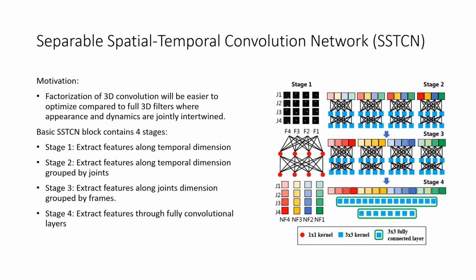In addition to the whole body key points, we also use the features extracted from the pre-trained whole body pose estimator. We propose a separable spatial temporal convolution network, in short SSTCN, to capture the features. The motivation is that the factorization of 3D convolution will be easier to optimize compared to full 3D filters, where appearance and dynamics are jointly intertwined.